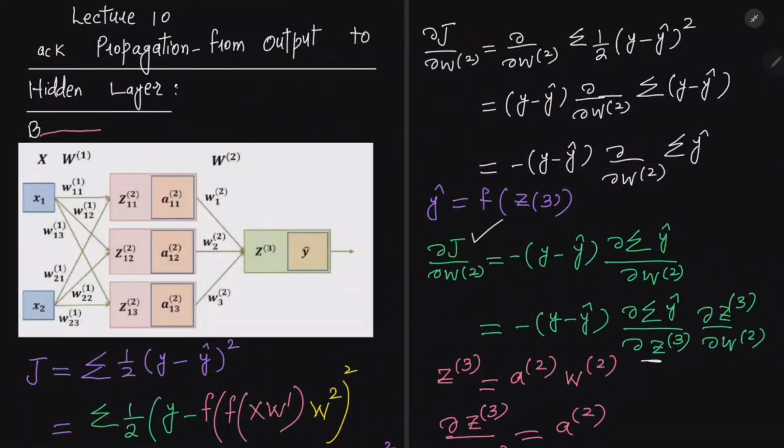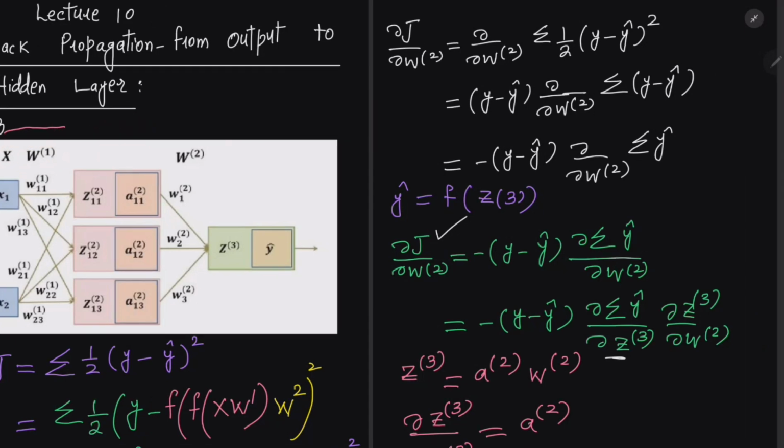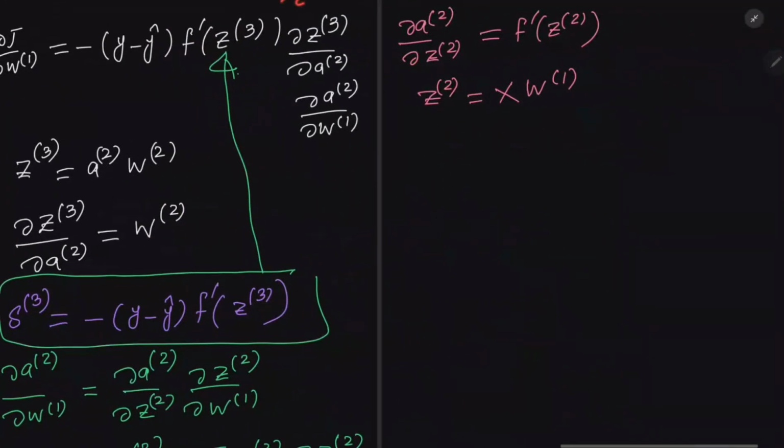Z2 means we are talking about this term, this column vector z2, that can be obtained when we multiply x W1. So we get this value. So we have partial z2 divided by partial W1, which will be equal to x.